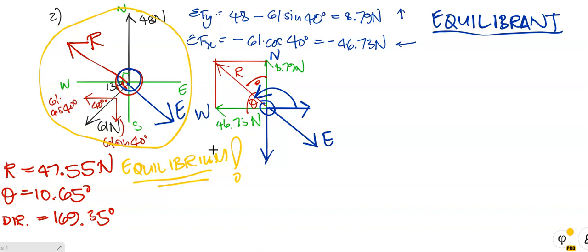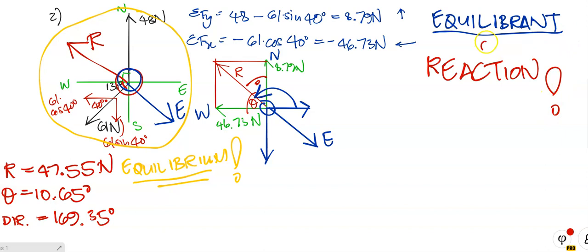Okay, so, and another word for equilibrant is reaction. Reaction, very important word. Reaction. Okay, so that's the resultant, but acting on the same line but opposite direction is the equilibrant or the reaction.